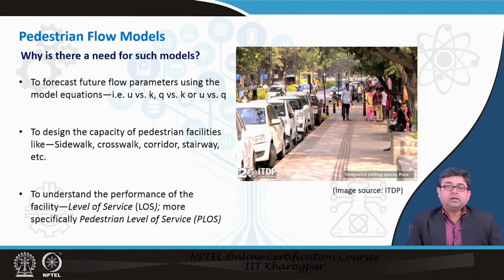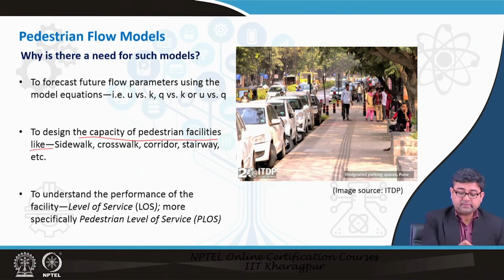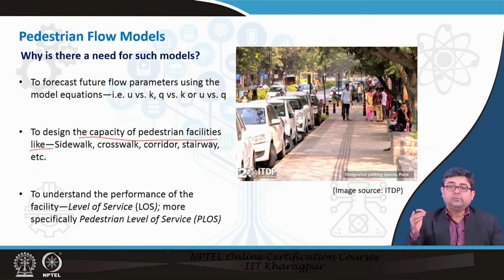Now, why are we telling you about all of these models? Why should so much focus be paid to these models and the relationships between the three basic parameters, speed, density and flow? Because these are utilized to design the capacity of pedestrian facilities. Capacity meaning what should be the width and for how long you should build the pedestrian facility.